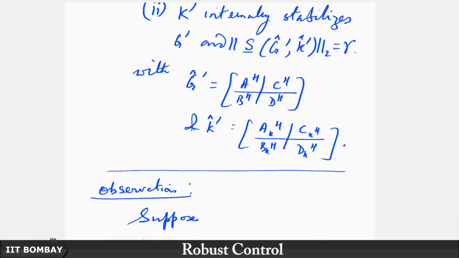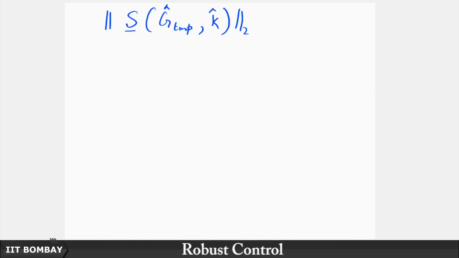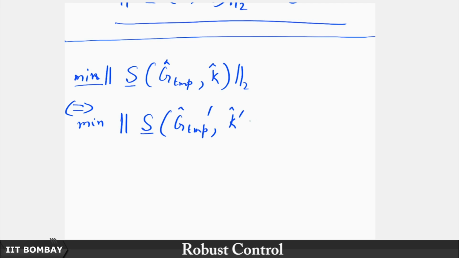Therefore, we can turn our attention to minimizing the norm of this star product G hat TMP prime K hat prime. We are not moving our goal posts, we are restating our goal in a different language.